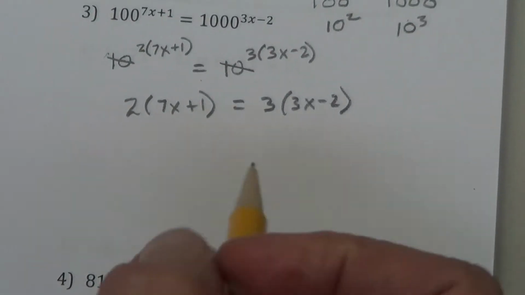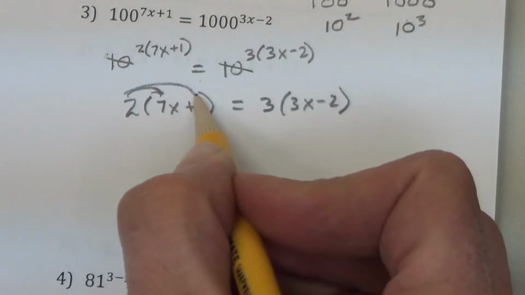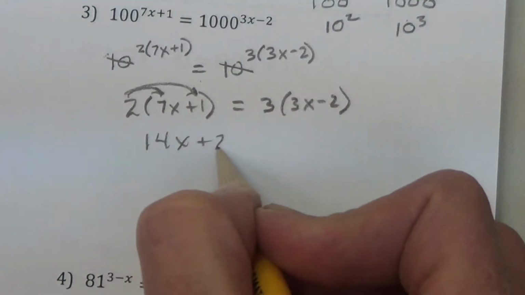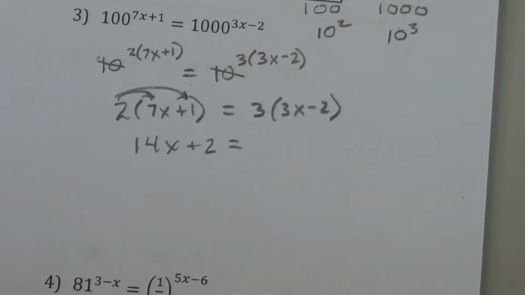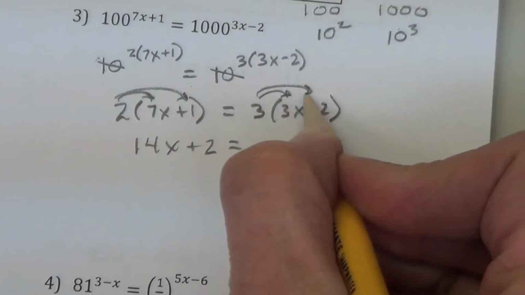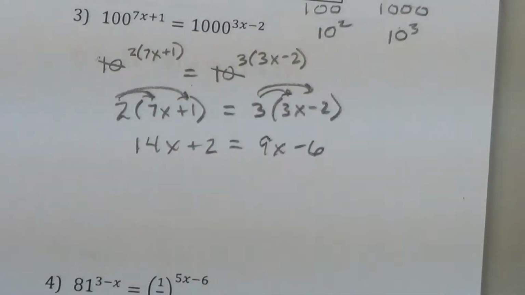If you said distribute, you're right on. 2 distributed into this binomial would become 14x plus 2. The other side distributed would be 9x minus 6.